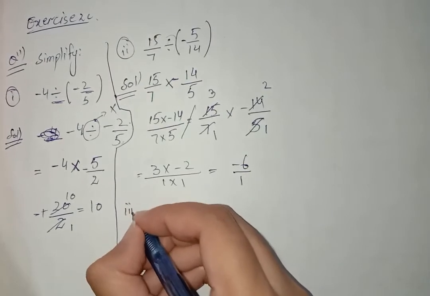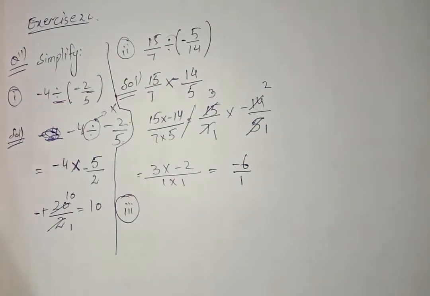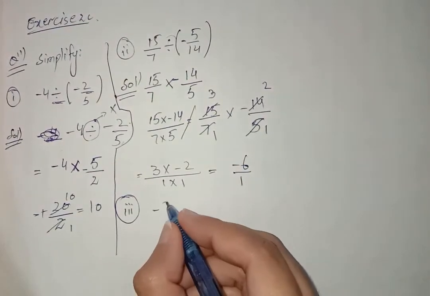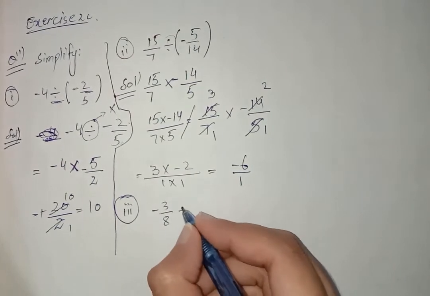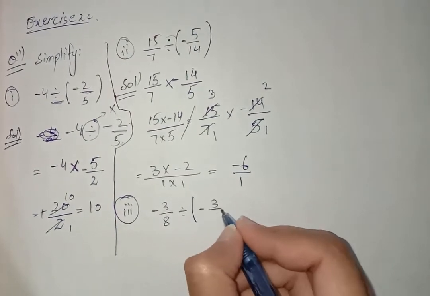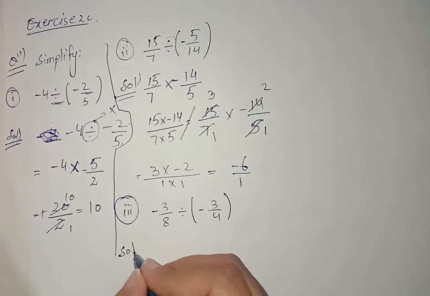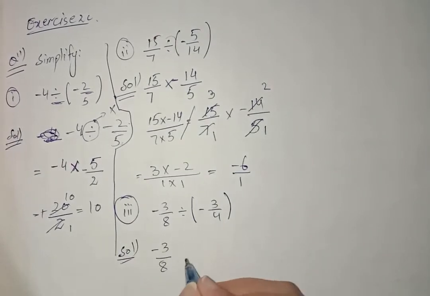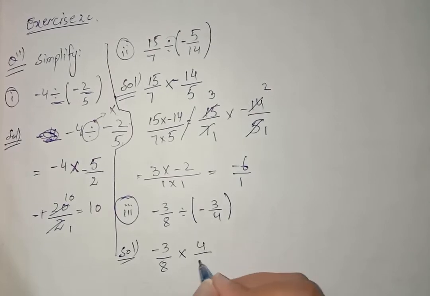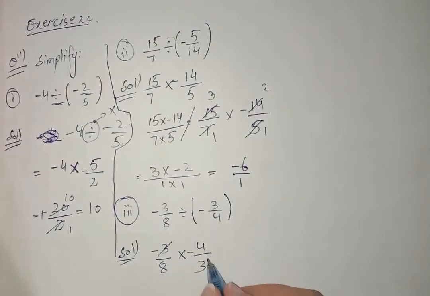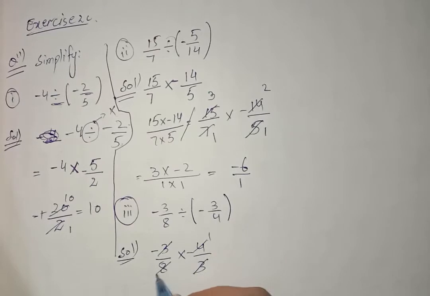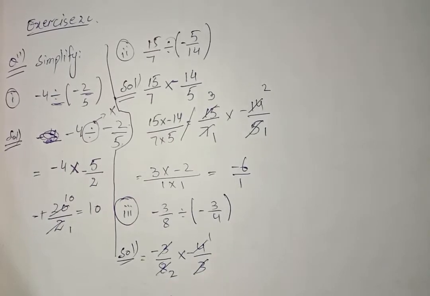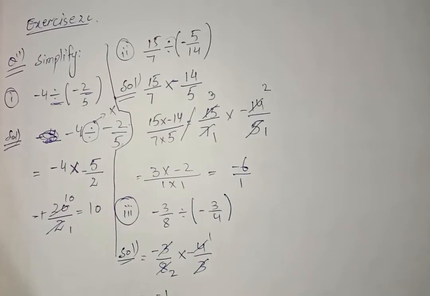Now move towards part number 3, which is minus 3 by 8 divided by minus 3 by 4. As it is, the division sign changes into a multiplication sign. 4 by 3. 3 cancels with 3. 4 1s are 4, 4 2s are 8.